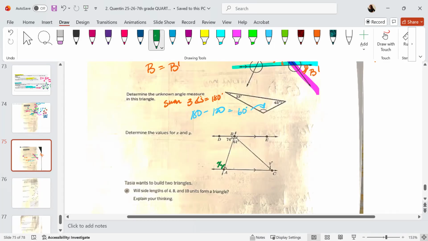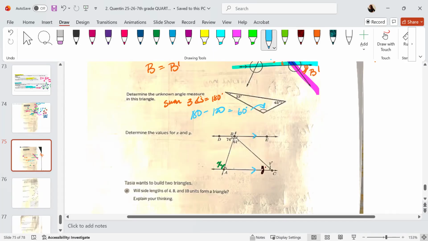I noticed that D is making... does this technically count as vertical? Okay, look where you see the arrows right here? Do you see the arrows of this part right here? That arrow, this arrow right here, the little one right there.